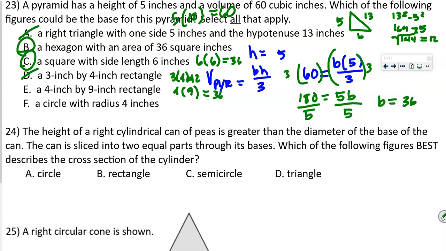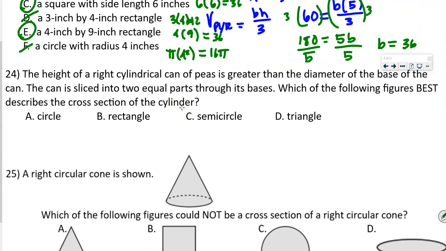So that's also 36. So there's another one that works for us. And then a circle with a radius of 4 inches. Well, that would be pi times 4 squared, which would be 16 pi. And that's definitely going to be more than 36. So 16 times 3 is 48. Okay, so that's definitely not it. Okay, makes sense to everybody?